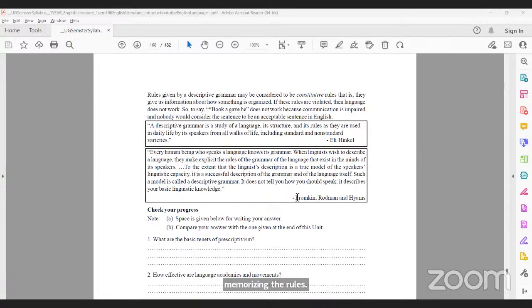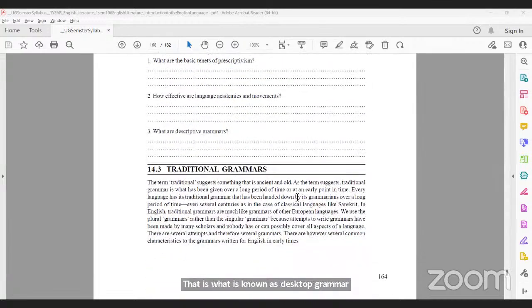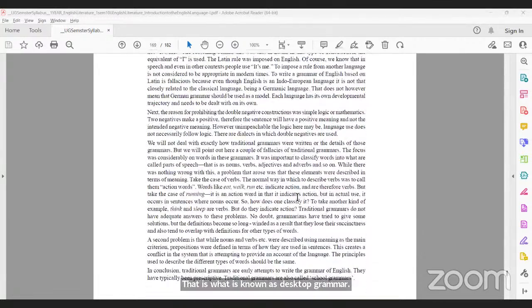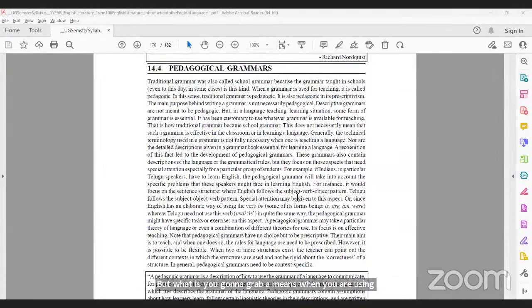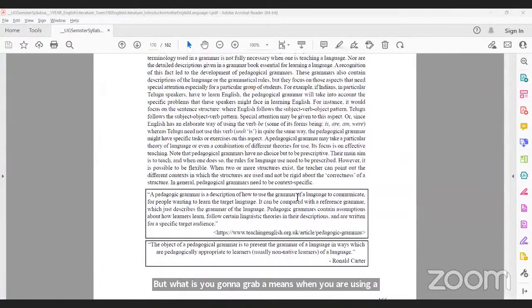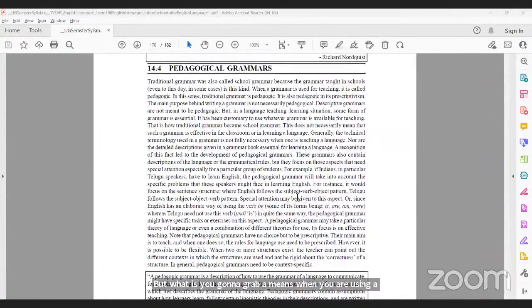We have pedagogical grammar. Pedagogical grammar means using a particular grammar to teach students belonging to a particular age. Pedagogy means kids, the language of kids.